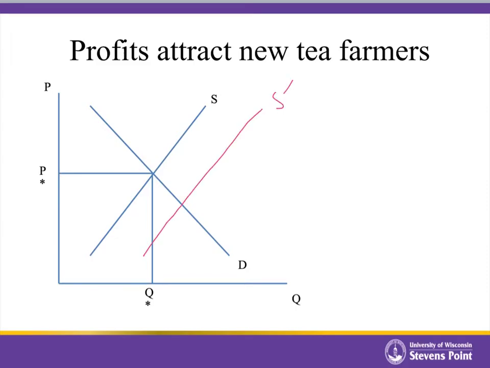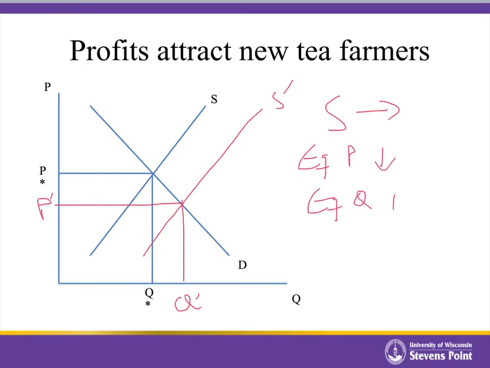So the supply curve shifts to the right. That results in a surplus if the price doesn't change, and so that surplus puts downward pressure on the price. And we result with a higher equilibrium quantity than where we started. So we have an increase in supply, causing the equilibrium price to fall and the equilibrium quantity to rise.